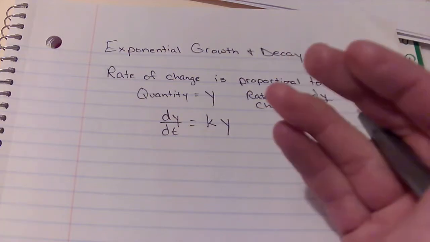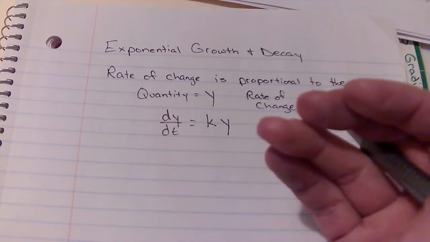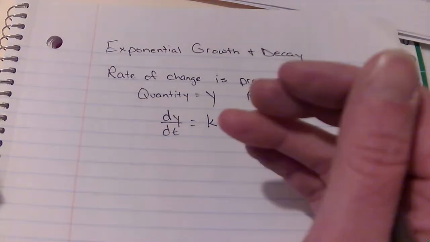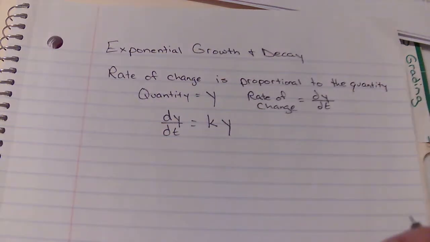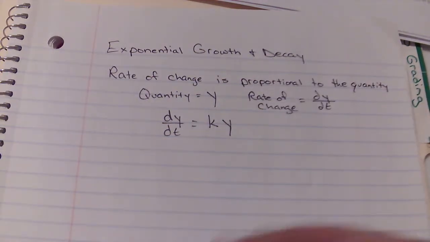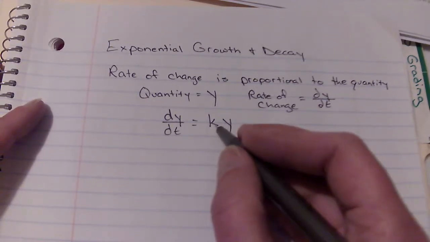Well, let's see what happens when we try to solve this differential equation. So, what will we do to solve this? Well, we try to get our variables on the same side. And this isn't a variable, this is a constant, this is some kind of multiplier.